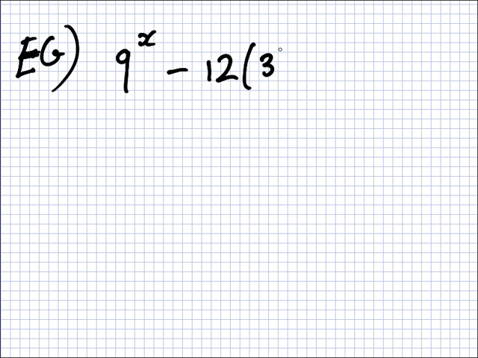Again, trickier now. 9 power x minus 12 times 3 power x plus 27 equals 0. What should I do first here for this one? I should change the 9 to 3 squared.